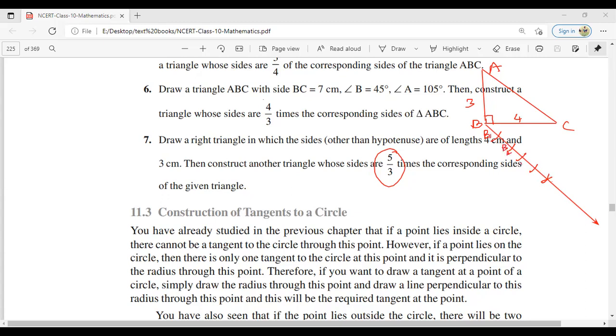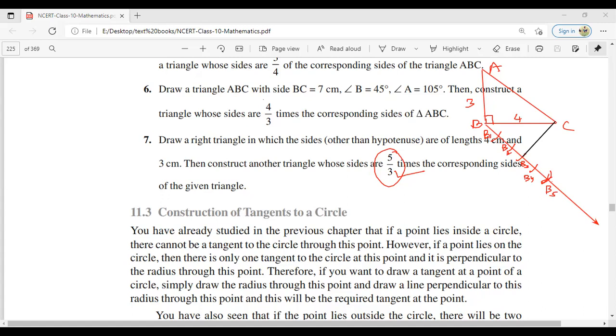B1, B2, B3, B4, and this is B5. 5 parts. And what is the denominator? Denominator is 3. So you have to join B3. Denominator is 3, so you will join B3.